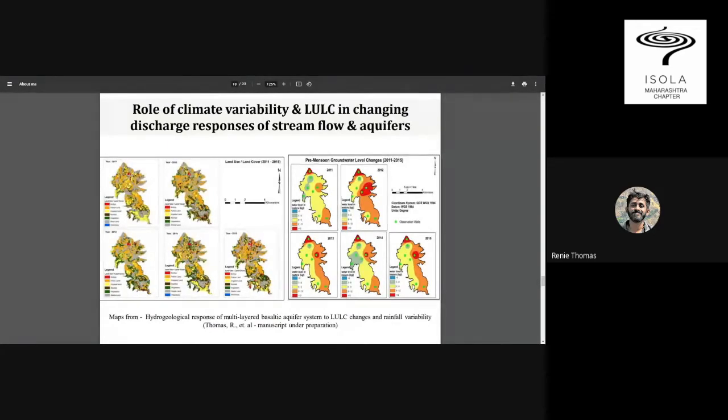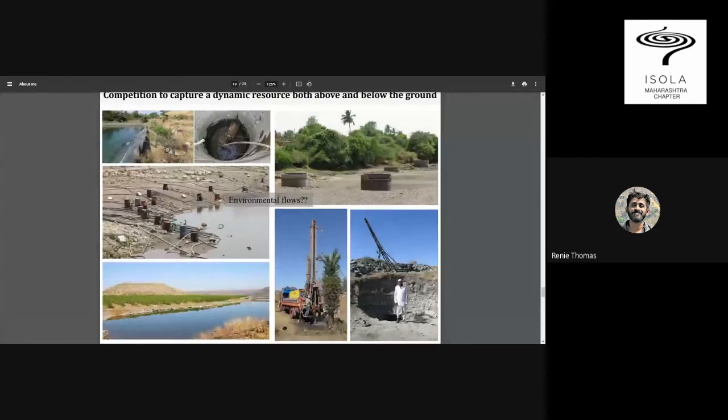Next slide. So this slide basically summarizes how we look at water, both surface and groundwater, as something which we can own, we can stock, but not as something which flows and which is common. All these slides basically show how humans have become greedy.